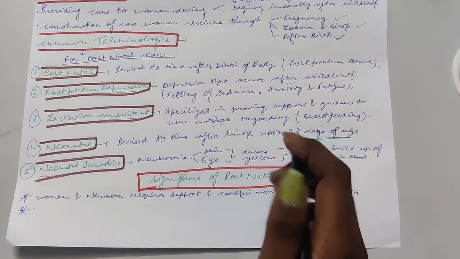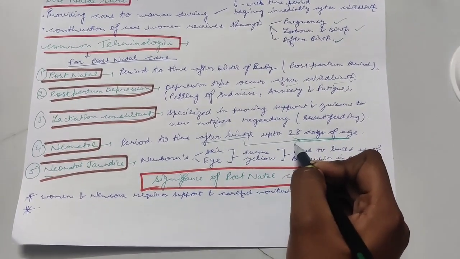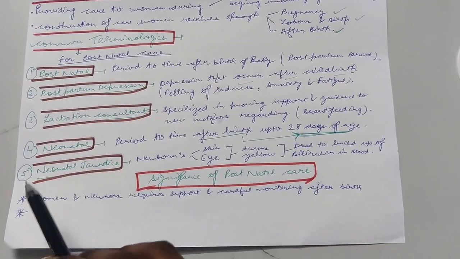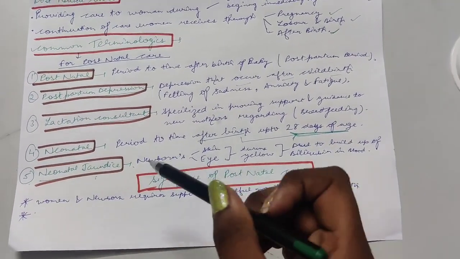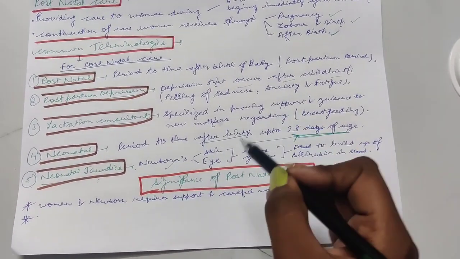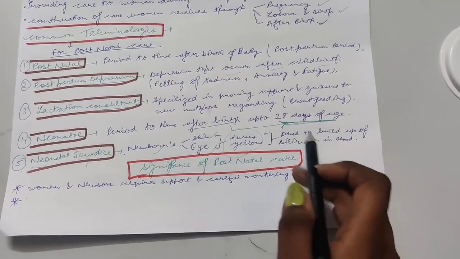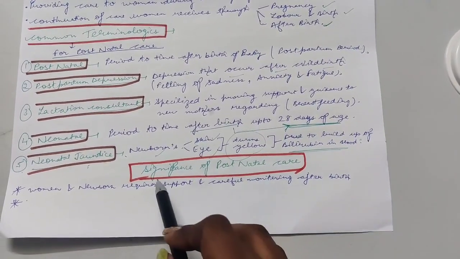Neonatal is the time when the baby is born up to 28 days of its age. Fifth, neonatal jaundice. It is the jaundice which occurs in newborns, where the skin and eye color turns yellow due to the build-up of bilirubin in the blood.